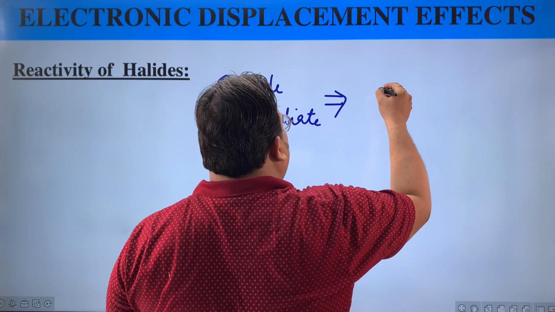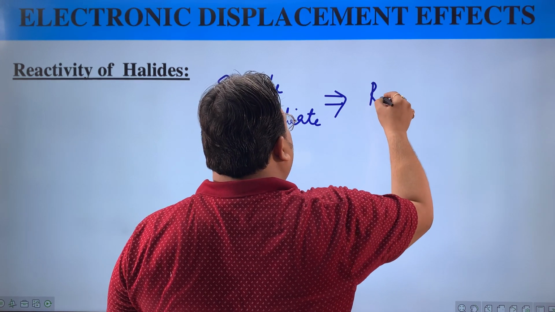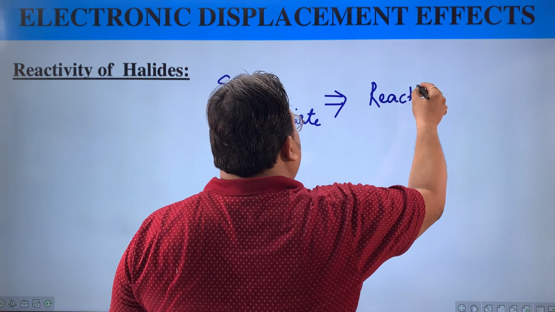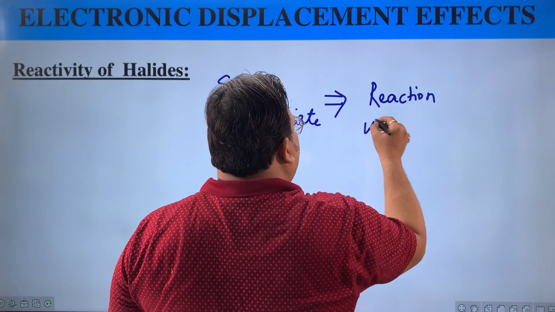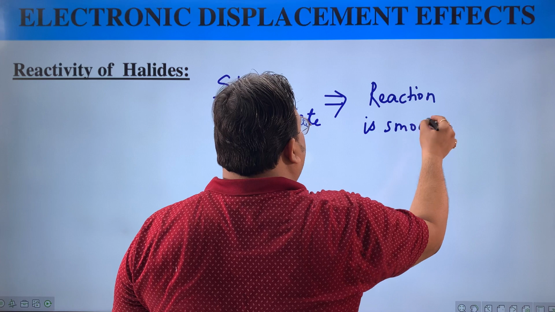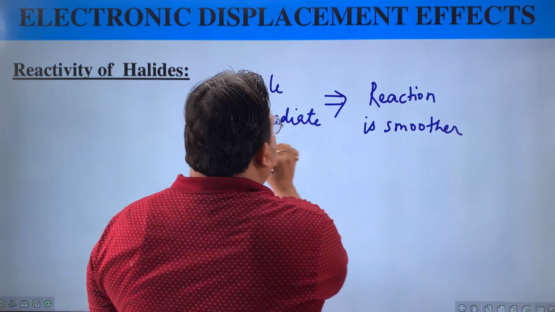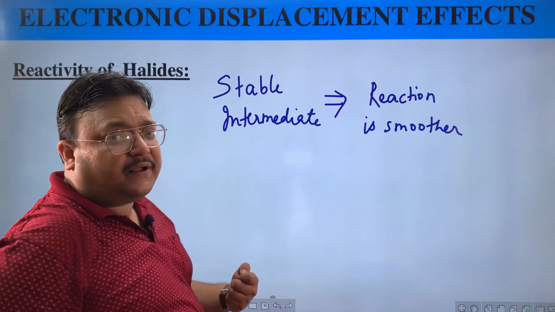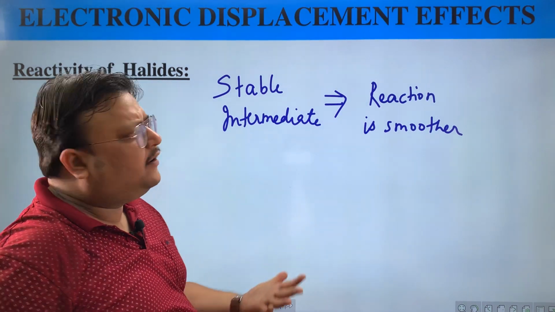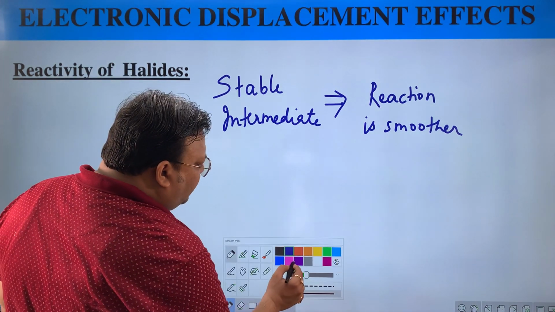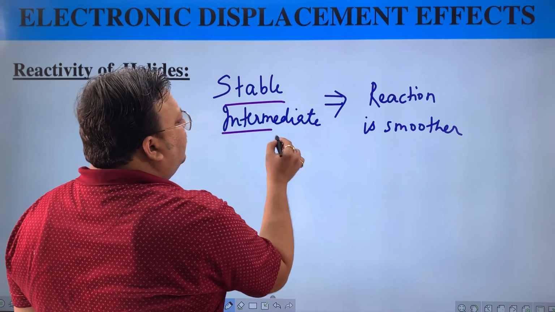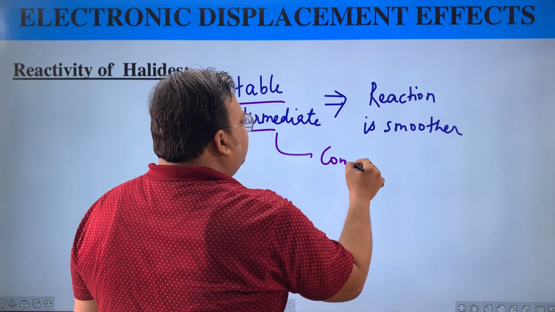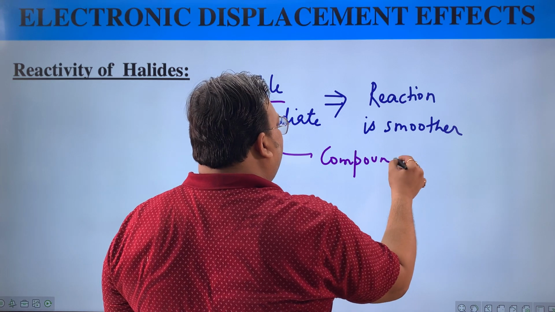It means that the compound is more reactive. It means the reaction is smoother. It's like if the road is good, the journey is smoother. The process will be completed via an intermediate. So the more stable the intermediate, the more reactive the compound will be.